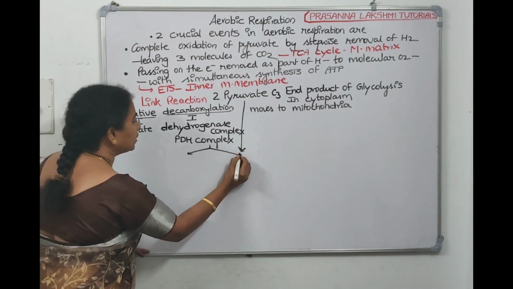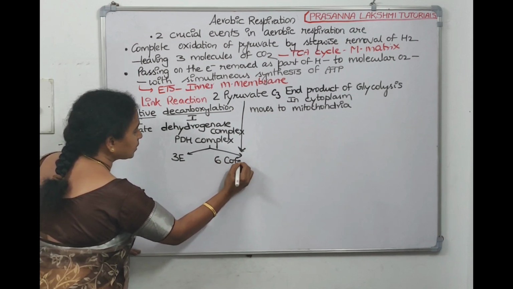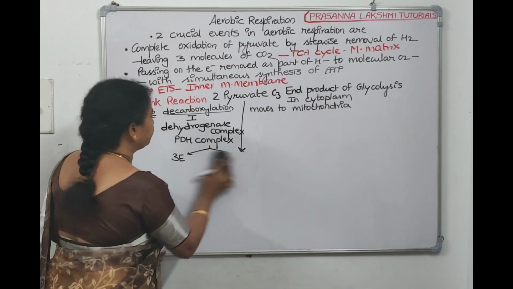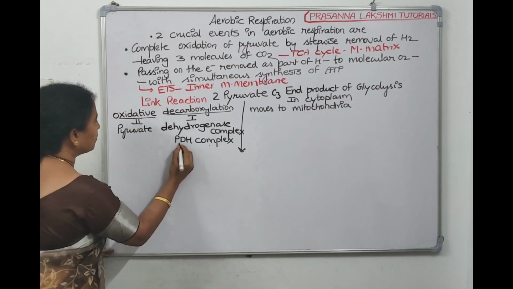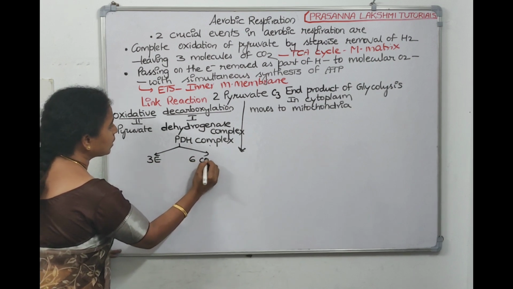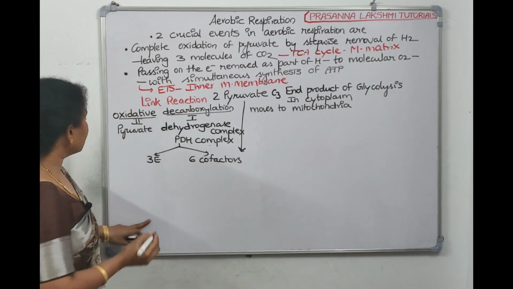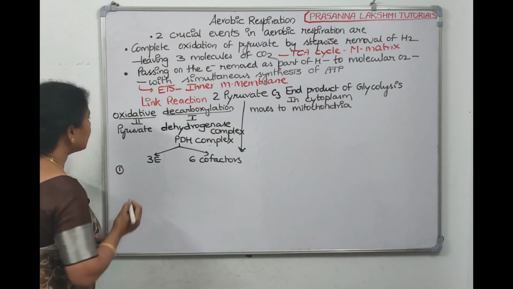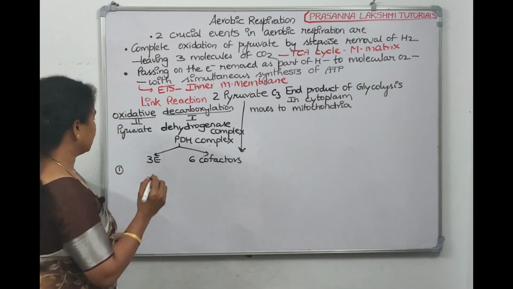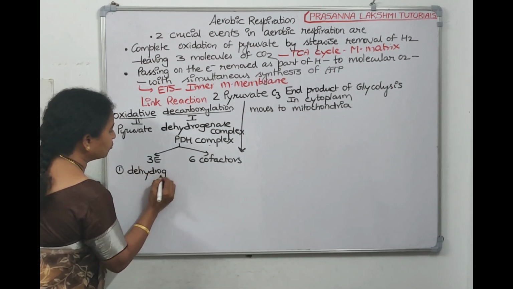We'll see what the 3 enzymes and the 6 cofactors are, so we'll write on this side 3 enzymes and 6 cofactors. The first enzyme, since it is undergoing oxidation, is called dehydrogenase.